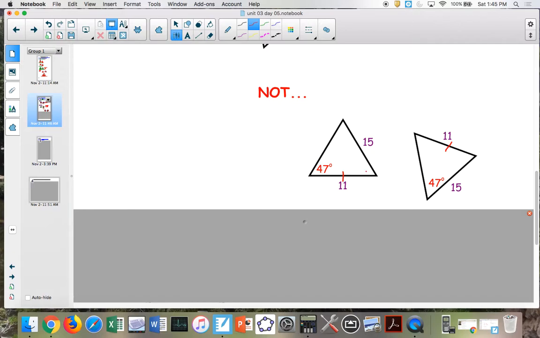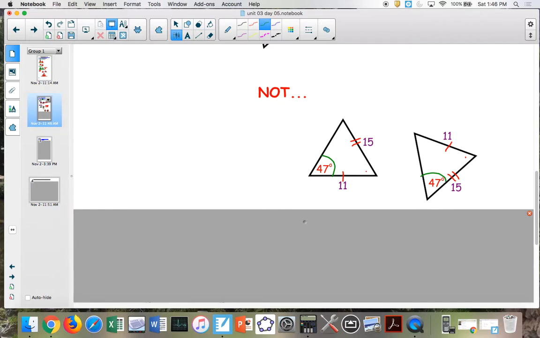Then I don't have the angle to the right of it, just like I don't have the angle to the side of that 11. And then I have the 15 sides are congruent. But I don't have the angle that's between those two sides. I have a different angle. I have an angle that's not between them, but it's the same angle in both. So you might think, well, these two triangles look like they match up.